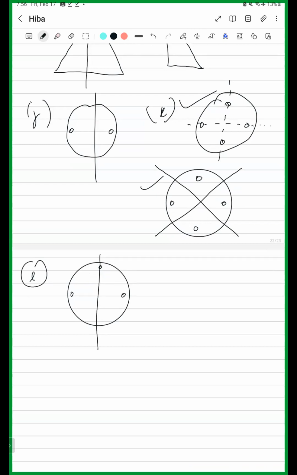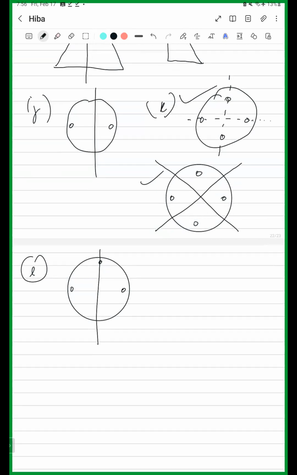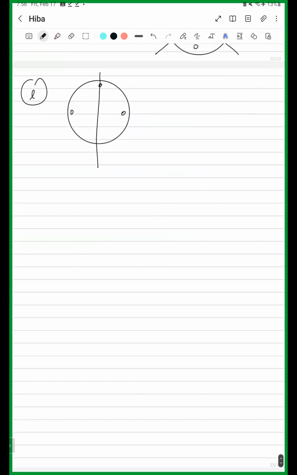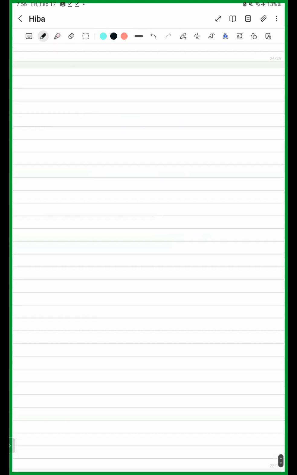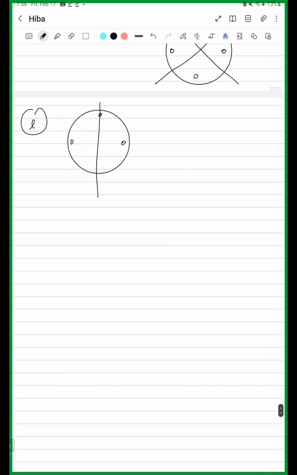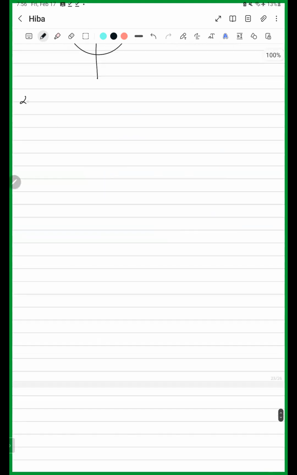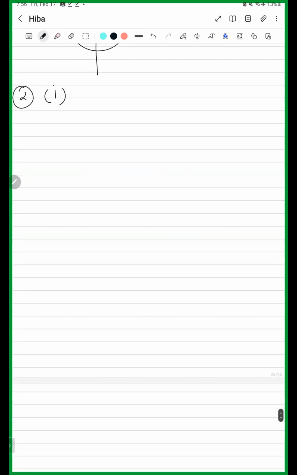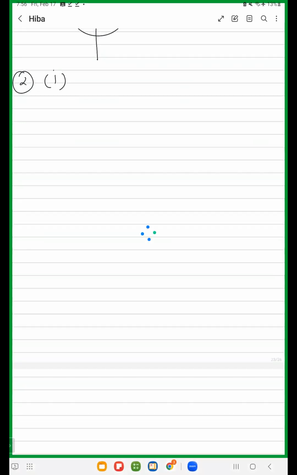Given the line of symmetry, find the other holes. This is very easy, even easier than this one. I think it would be better if I just showed you this thing. I can do this by myself.